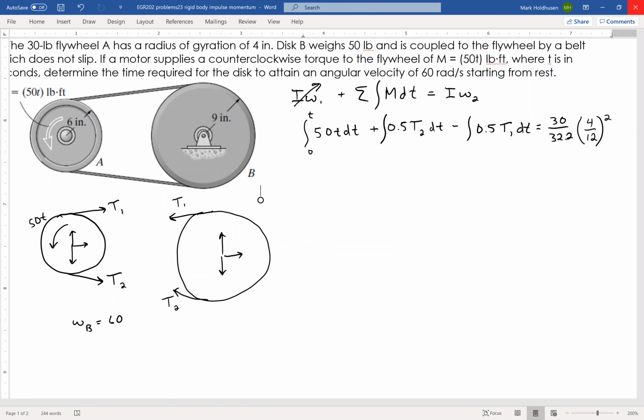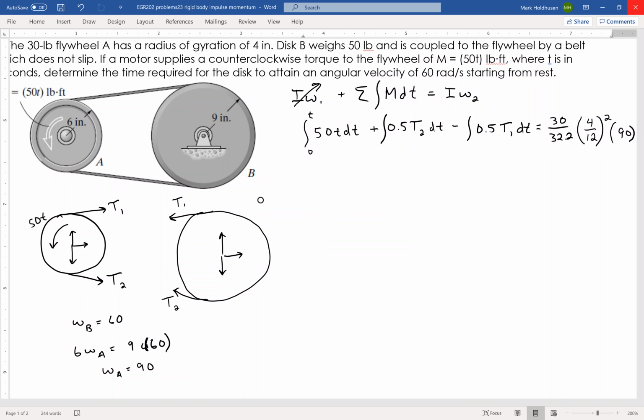In order to find what omega A is going to be when omega B equals 60, I'm going to say 6 times omega A equals 9 times omega B, which is equal to 60. From that, I can find that omega A is going to be 90. So omega A rotates at 90 radians per second to get omega B to rotate at 60 radians per second.